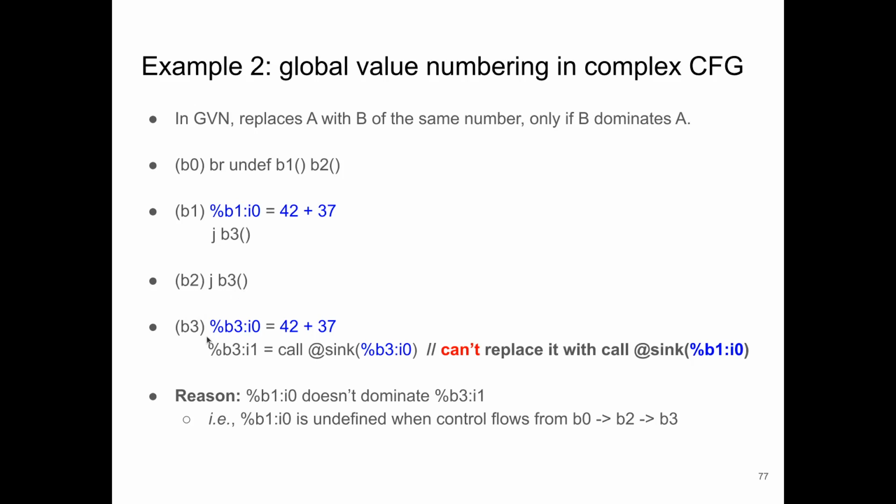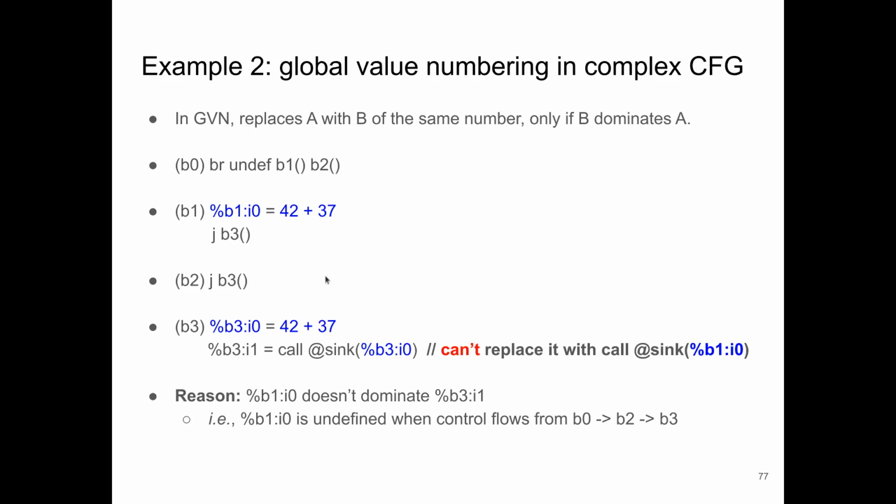In B3, let's say we calculate the same thing as before, 42 plus 37, and assign it to a register here. And we're actually going to use it. So B3's I0 is used as an argument in this function call.